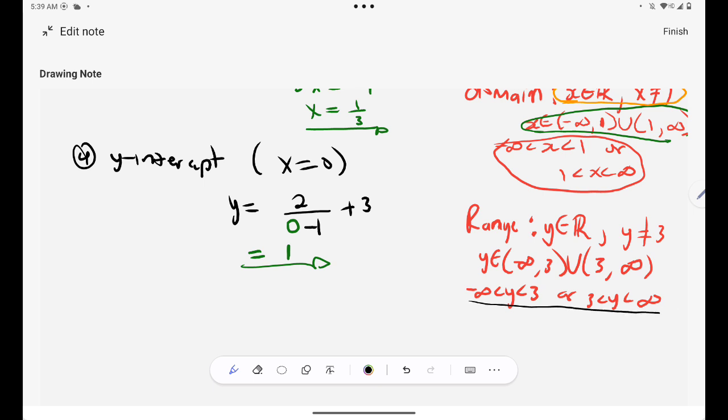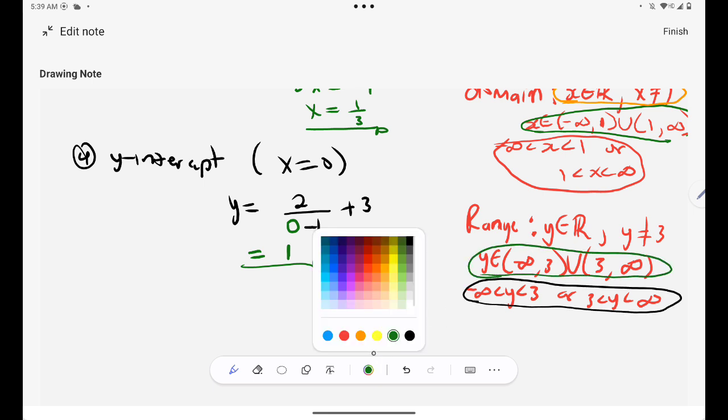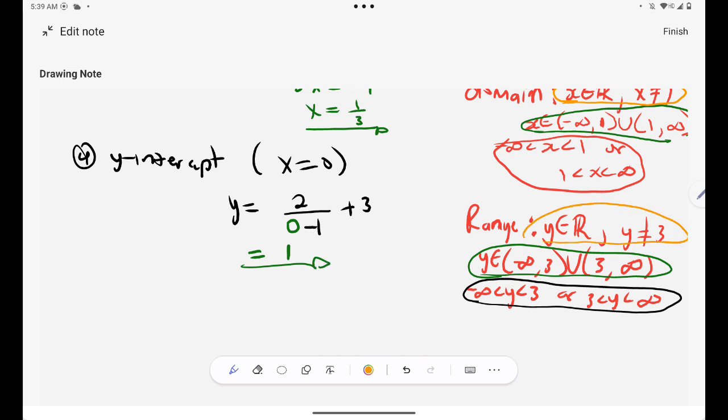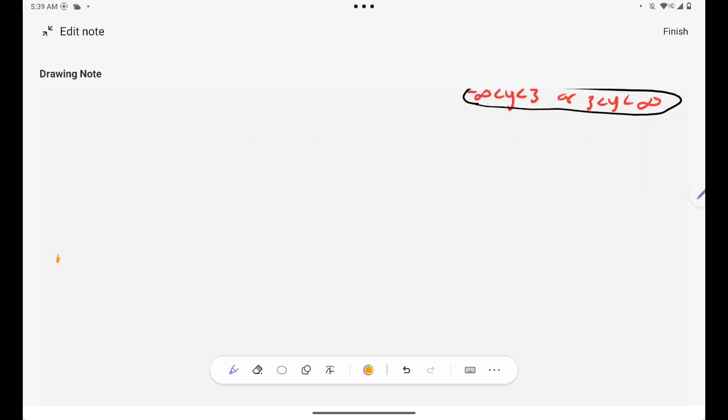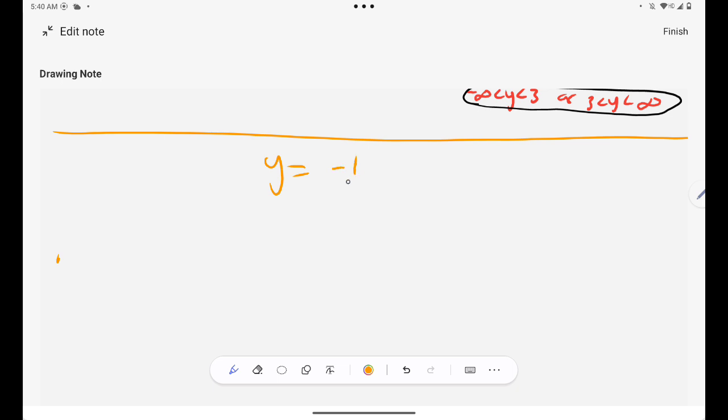Guys, this and this say the same thing. It's up to you how you prefer to write it. Are you together? And then draw this graph on your own, and then you will come back, we'll check it together.